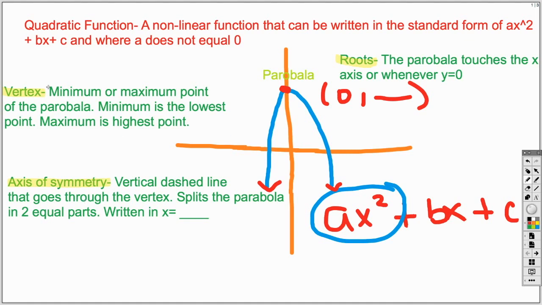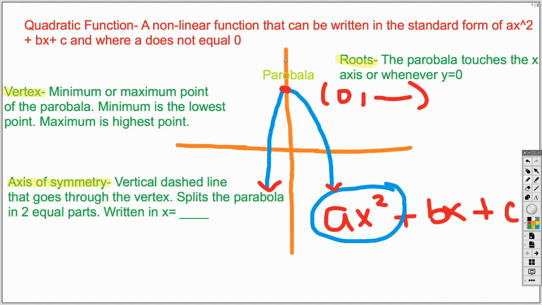Now that we've covered vertex, let's move on to axis of symmetry. Wherever the vertex is, that's the axis of symmetry. Axis of symmetry means that whenever you fold the parabola in half, it would be equal. It would fold perfectly. It would be symmetrical, and that's where we got the word.